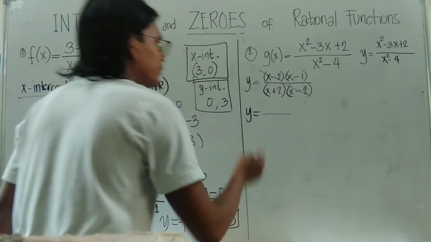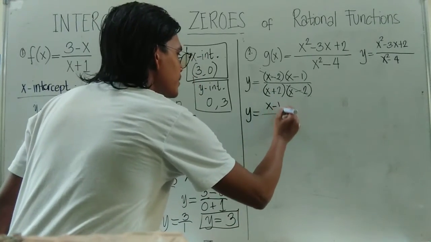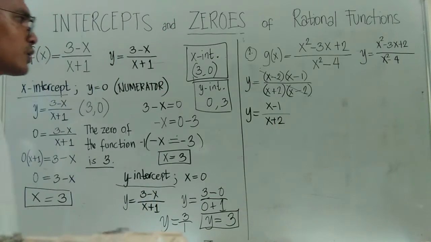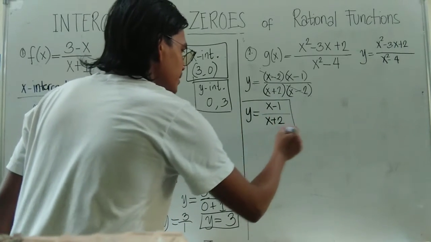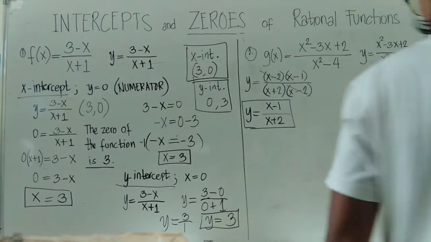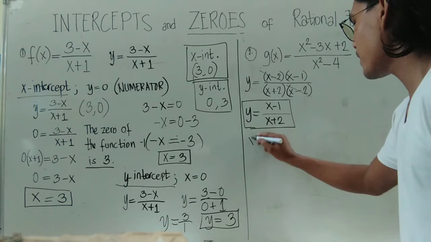So the remaining term for your numerator will be x minus 1 and the denominator is x plus 2. Therefore, we will use this rational function to solve for your x-intercept.